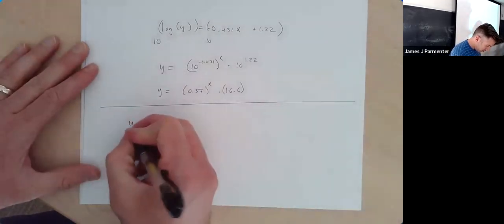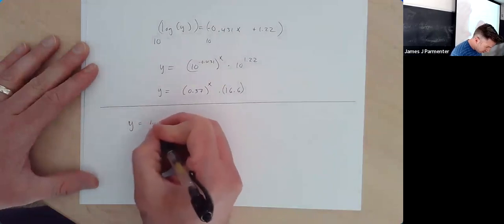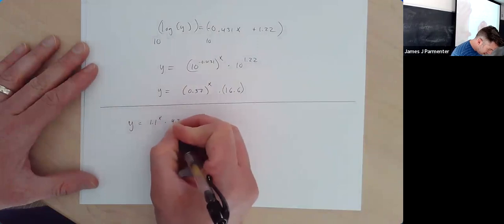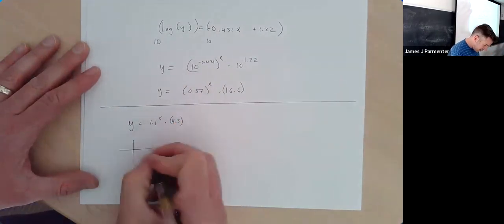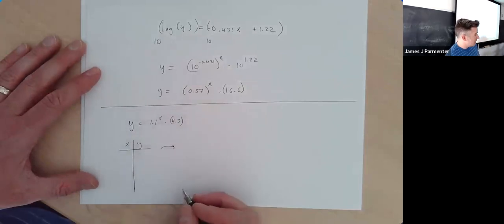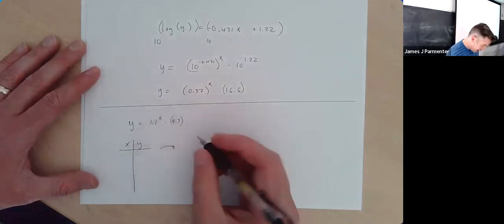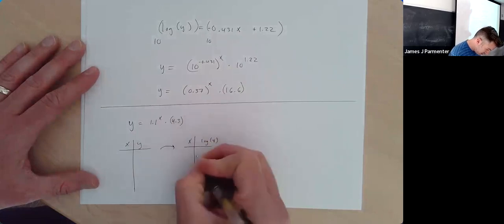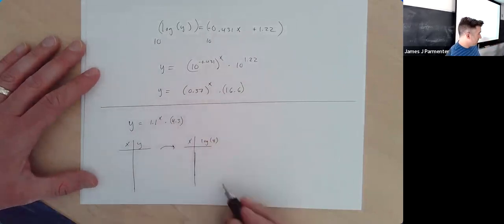Like I might start with Y equal to 1.1 to the X times 4.3, and then I'm going to make some X and Y values, and since I know it's going to be semi-log because it's exponential, I'm going to actually find the X and the log of Y values. And that's the data I'm going to give you.